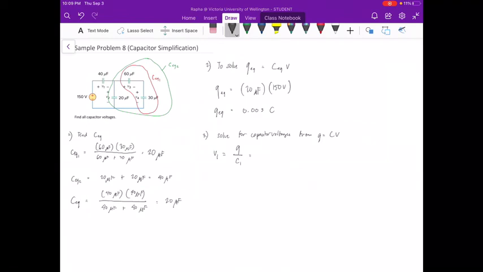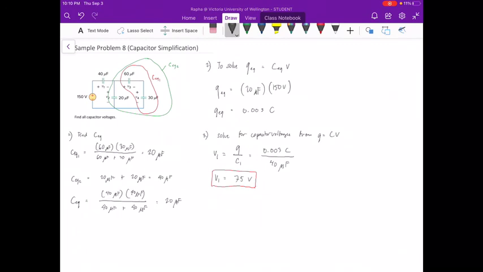Our Q of 0.003 coulombs will be divided by 40 microfarad. So our V1 then is equal to 75 volts. That's our first voltage, first of 4 voltages.